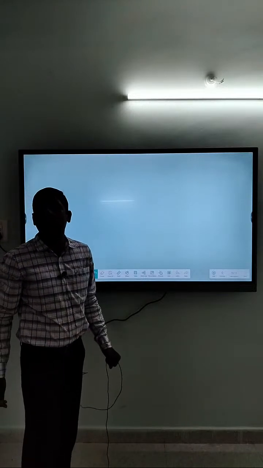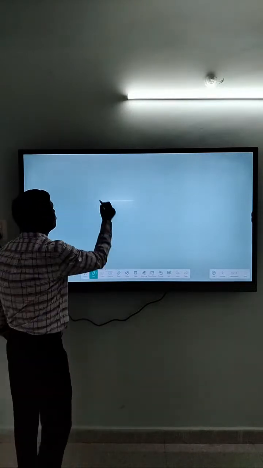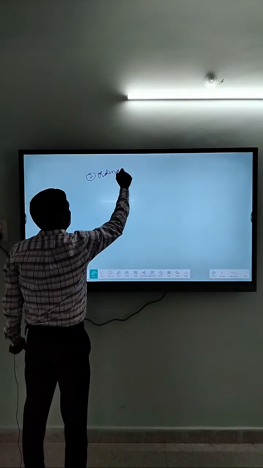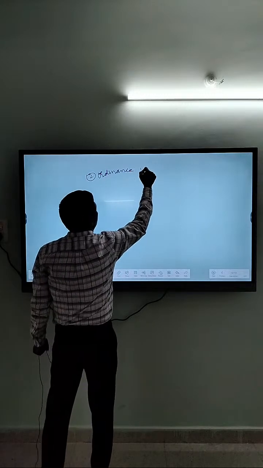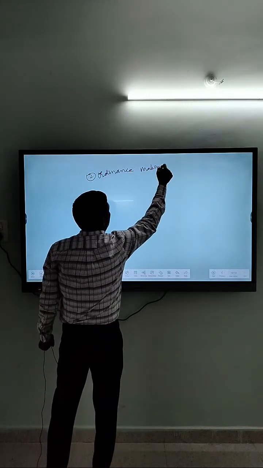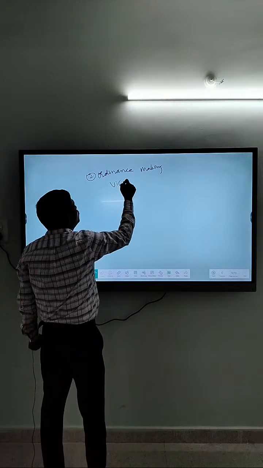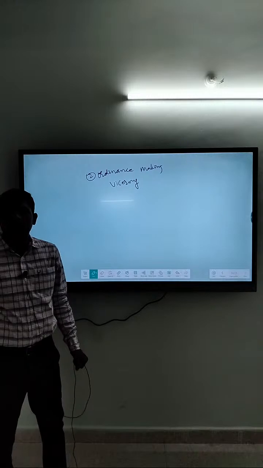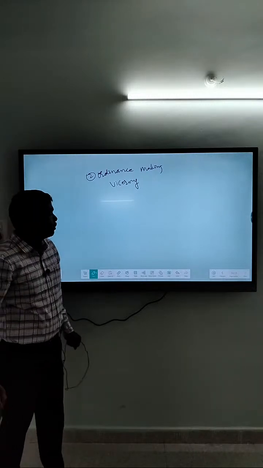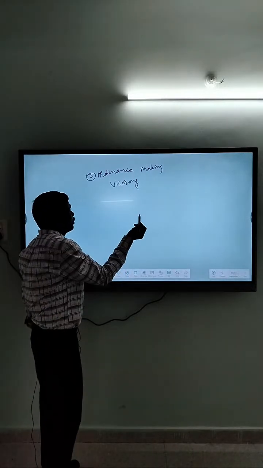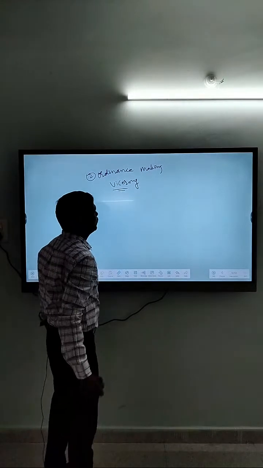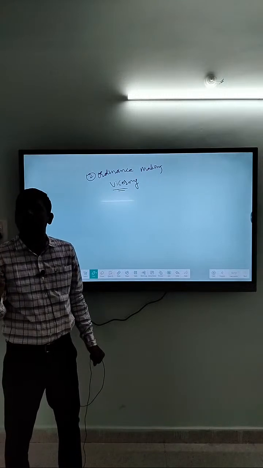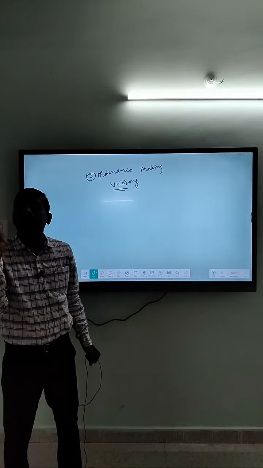Ordinance making power was given to the Viceroy. So the Viceroy can issue ordinance at any point of time. Normally we have certain conditions for issuing an ordinance. Ordinances are issued when the legislative council is not in session.